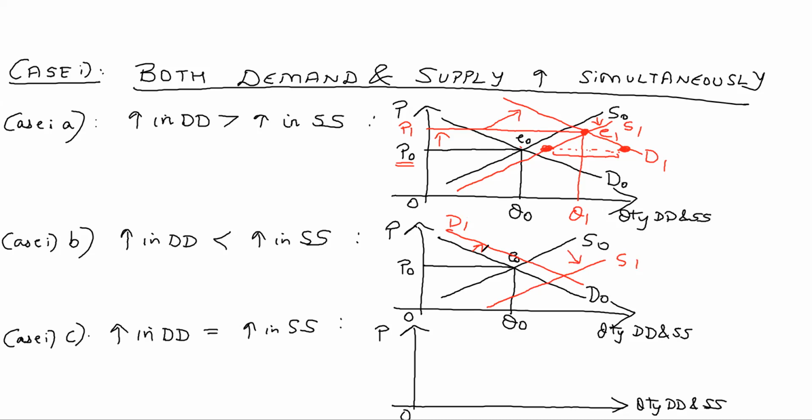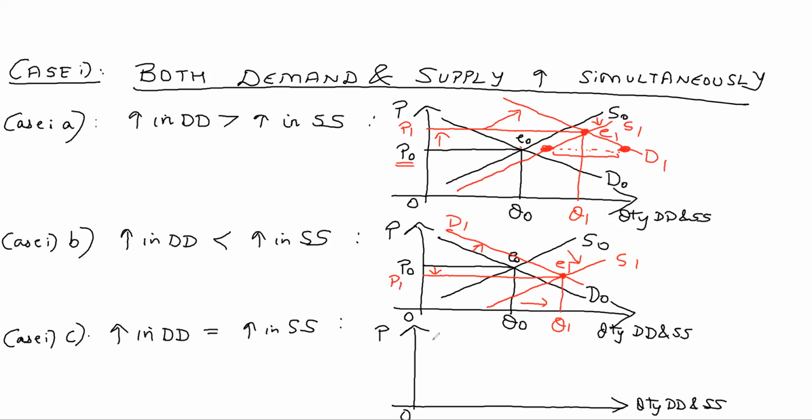Ultimately, it is going to lead to competition among the sellers. They will start bidding down the price. So price will fall, but quantity in the market is going to go up. So when increase in supply is more than increase in demand, price in the market will fall because of competition among the sellers, but quantity in the market will rise.